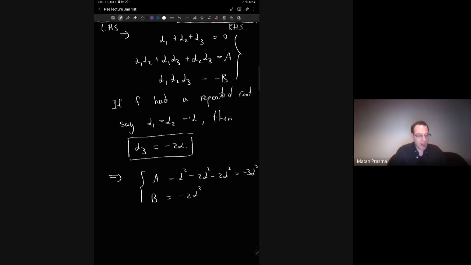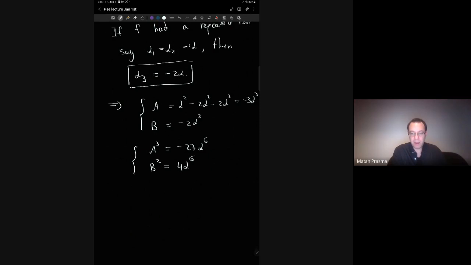And I can exponentiate. I want to get rid of the alpha. So I exponentiate the first equation by 3 and the second equation by 2. So I get A cubed equals minus 27 alpha to the 6, and B squared equals 4 alpha to the 6.